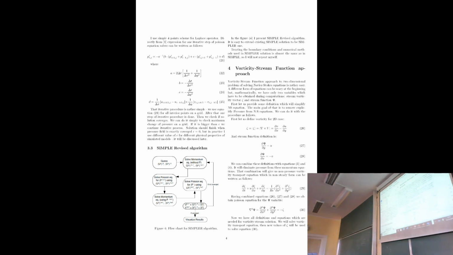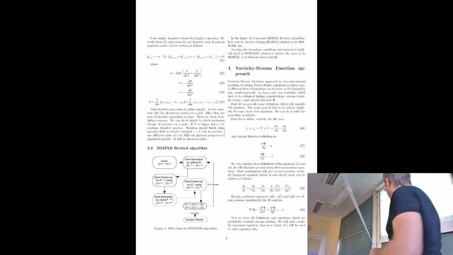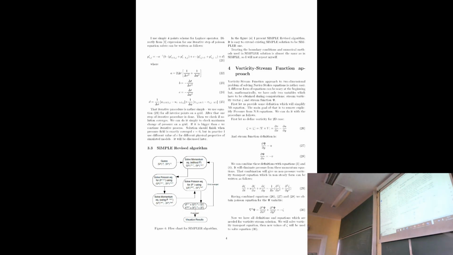So now, if we define this vorticity in this way, because we are solving incompressible flow in 2 dimensions, it's pretty simple to calculate. Basically, if you have the velocity field, you take the derivative in x and derivative in y, and that's it.